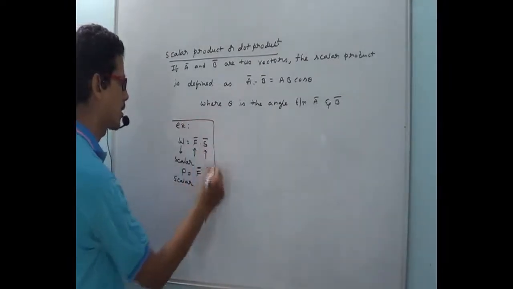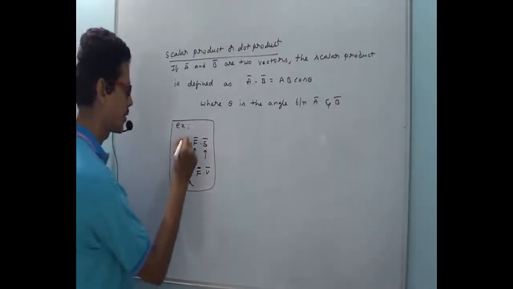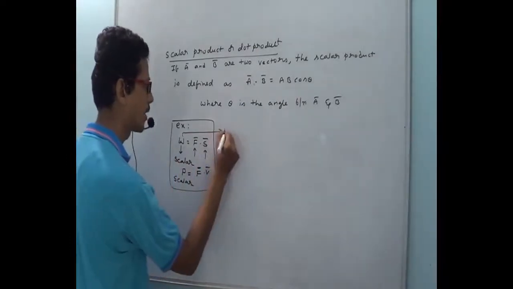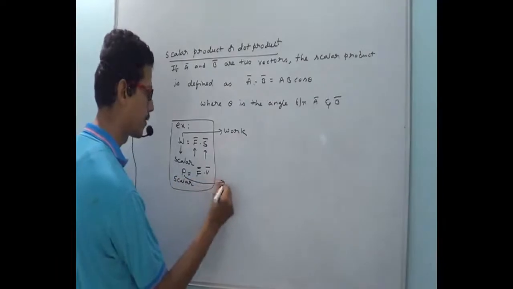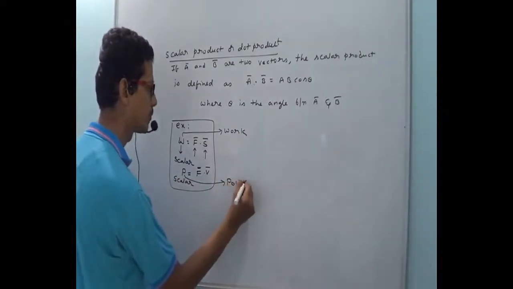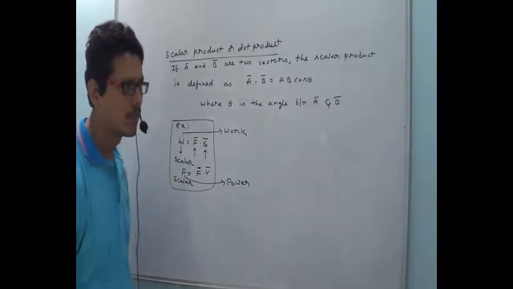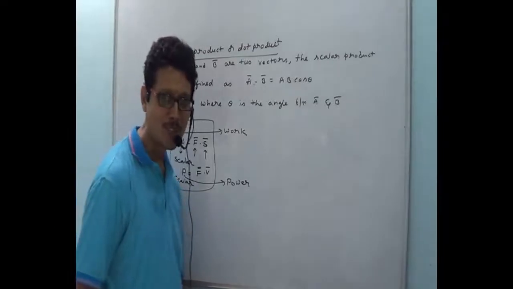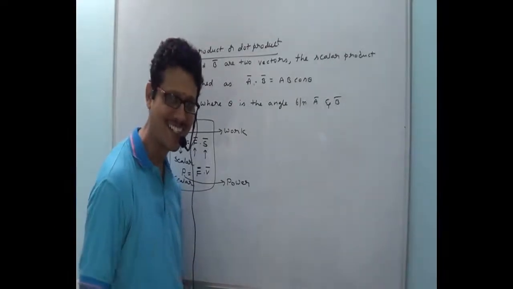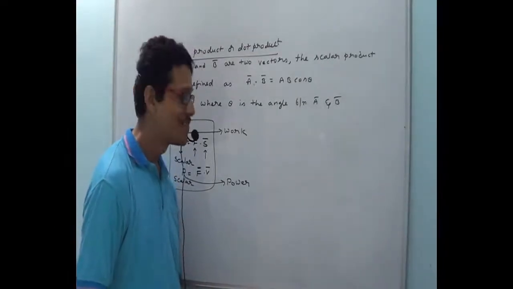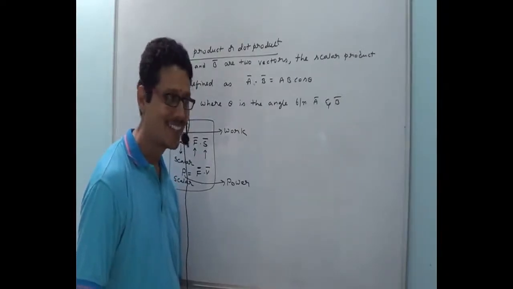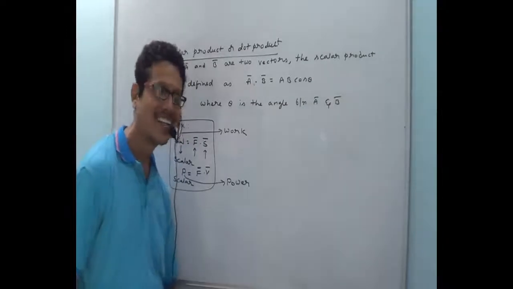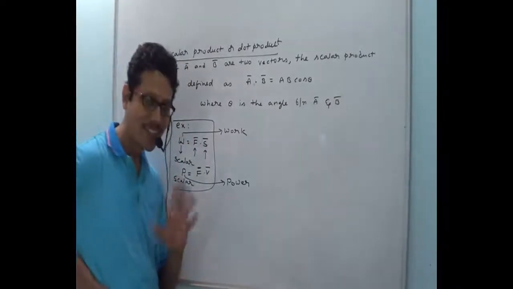Write down the examples also. So what is this work? Work is a scalar quantity. And power is also scalar. If I ask how much power you have, it is not having any direction.